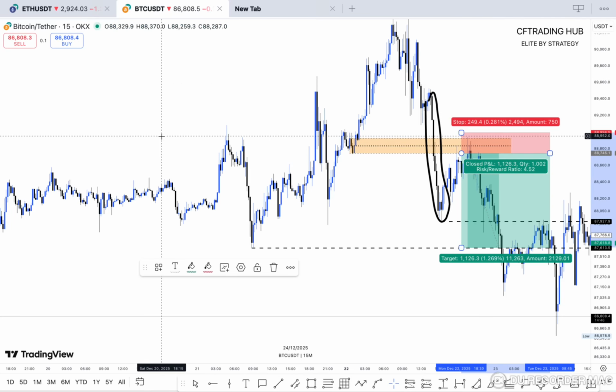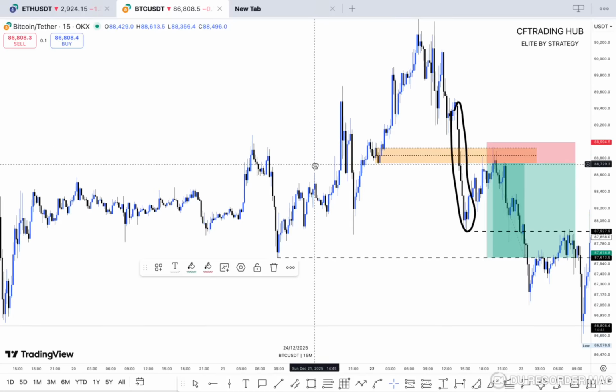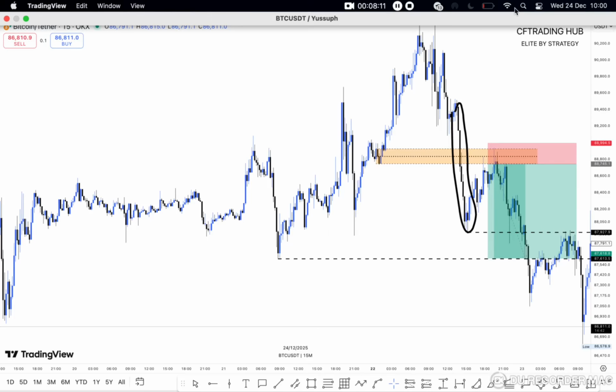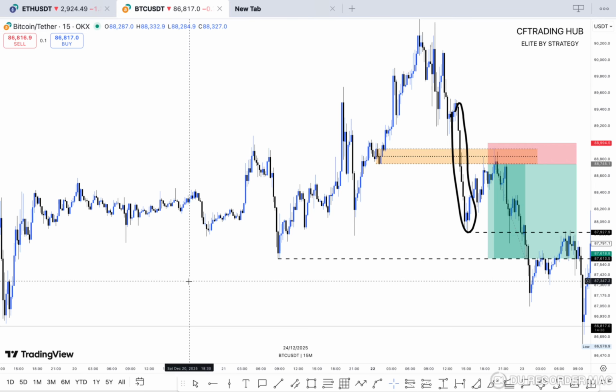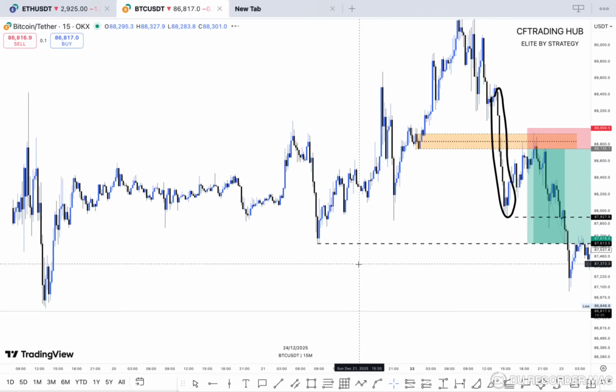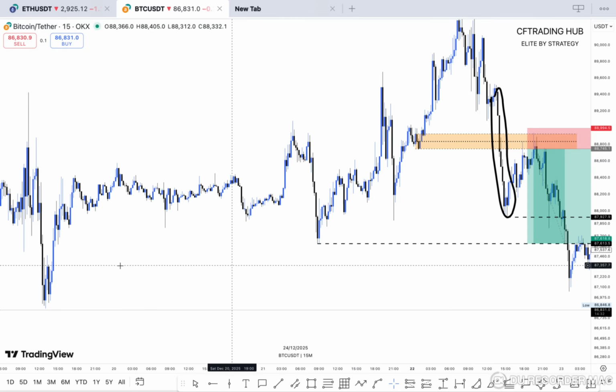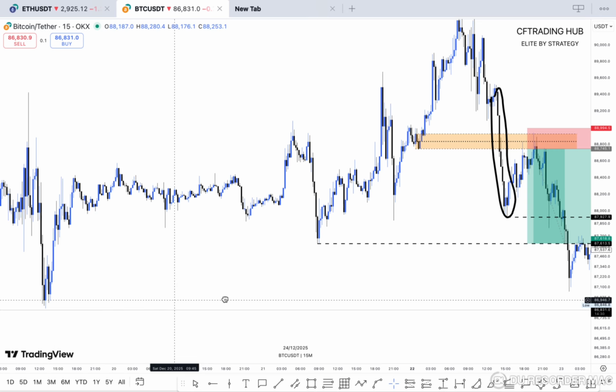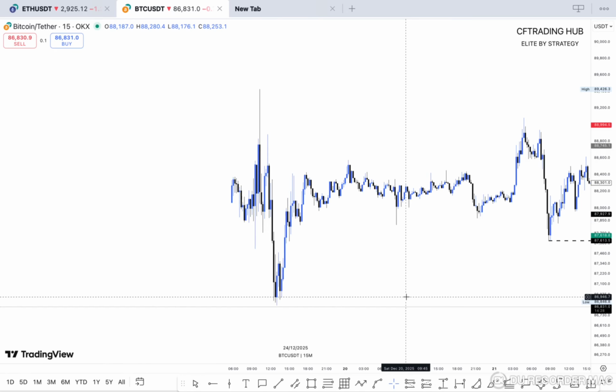So let me call up my example. I'm not sure I'll be able to look for it on my example. Okay, let's just go through one example. This is actually more of a range market. But that was actually a very valid example.